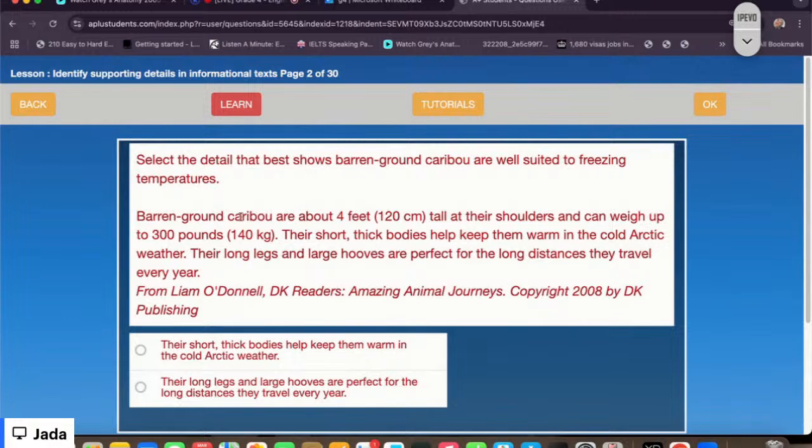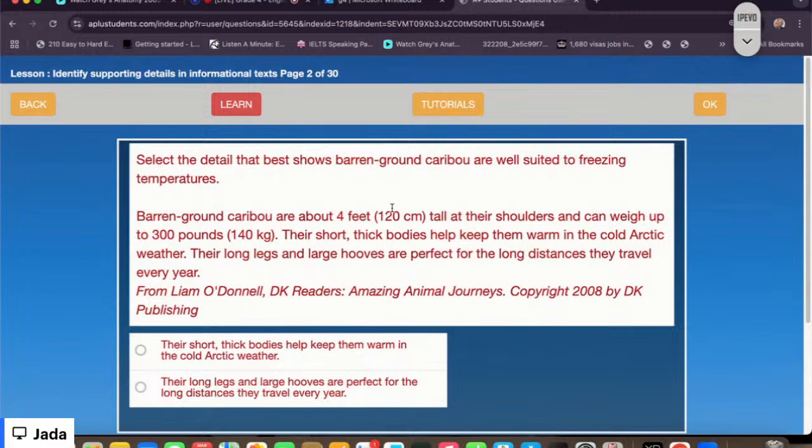So we have barren ground caribou are about 4 feet, that is 120 centimeters, tall at their shoulders and can weigh up to 300 pounds, that's 140 kg. Their short thick bodies help keep them warm in the cold Arctic weather.